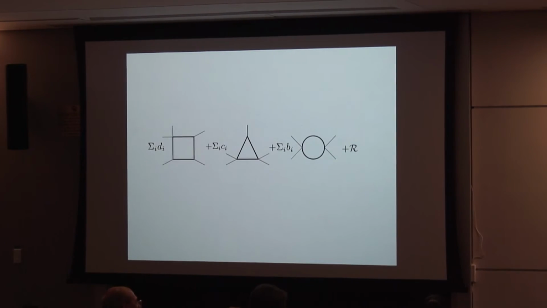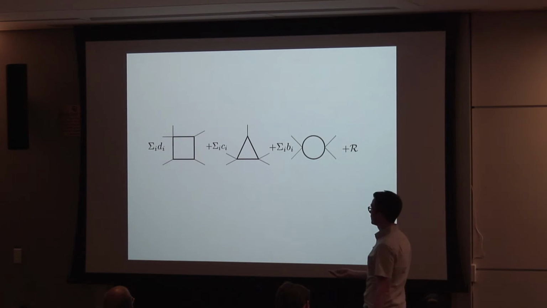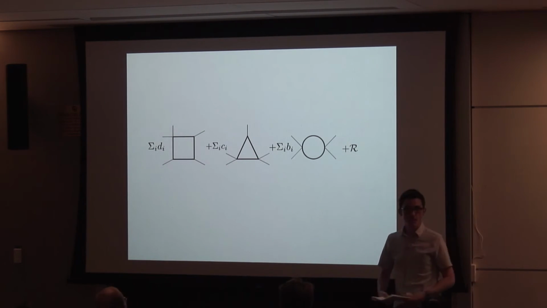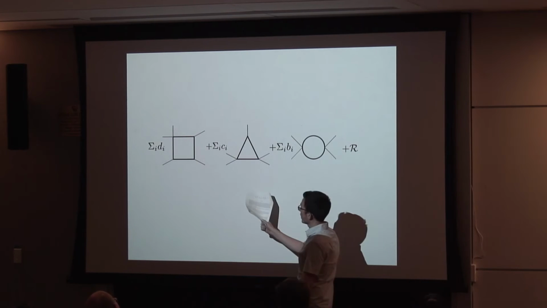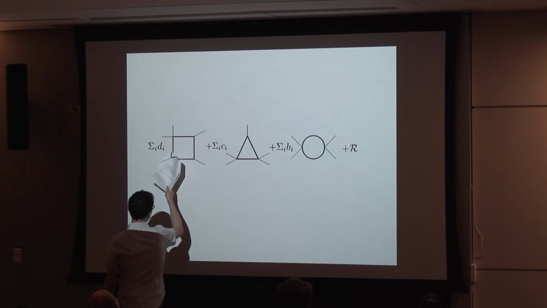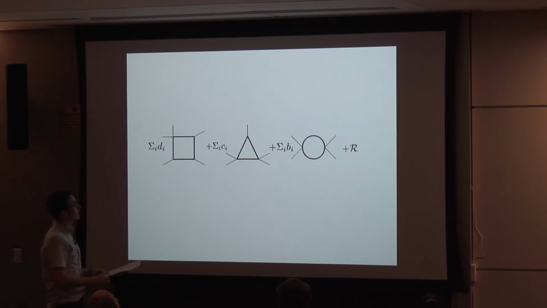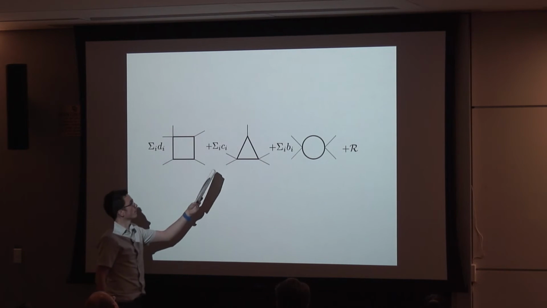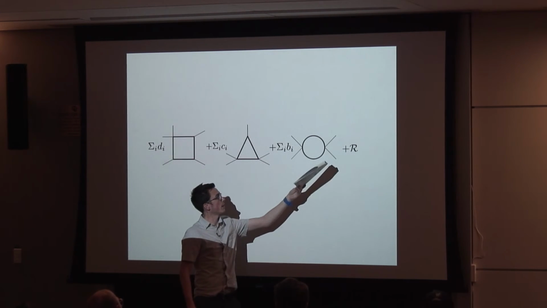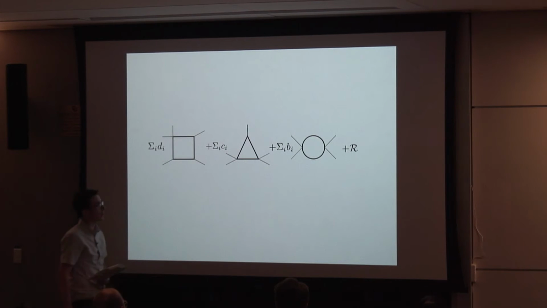No? Okay, good. The nice thing about one loop is that we have a basis. Any one loop amplitude can be written in the following basis, where we sum over all possible ways of assigning the external legs to a box topology. So we have four loop propagators, a triangle topology with three, bubbles with two, and then this mysterious leftover R, which is a rational function in the external momentum.